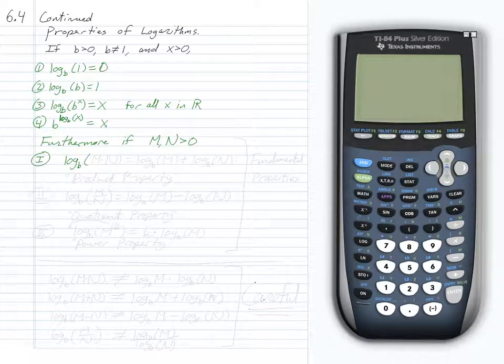Log base b of the product m times n is equal to the sum of 2 logarithms, log base b of m plus log base b of n. We call this property the product property.